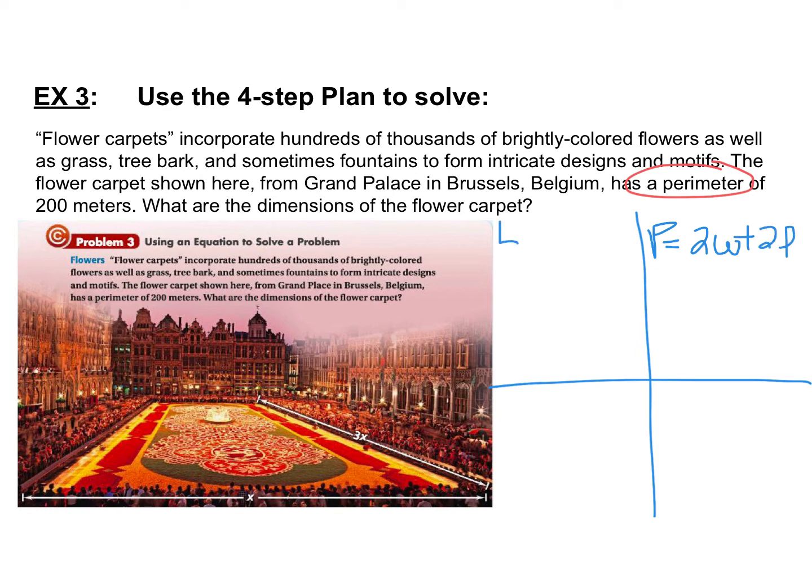And so here I'm going to define my variables. So I'm going to let the width equal this distance here. So it's going to be x. And my length is going to equal this distance here, that 3x.